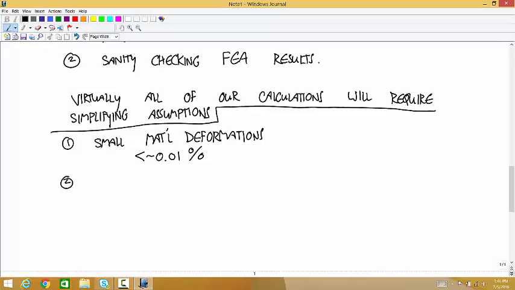The second assumption is we're going to assume that there's a linear relationship between stress and strain. I mentioned this earlier. You've talked about materials before where there's a linear relationship between loading and deformation, springs, and that's what we have here.